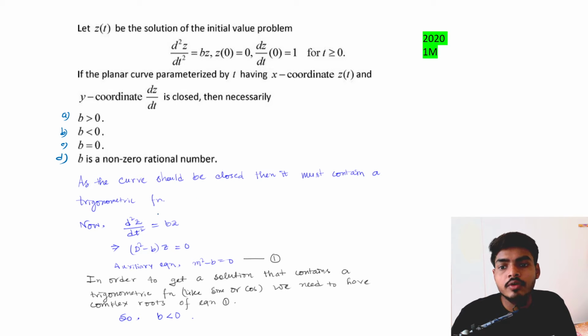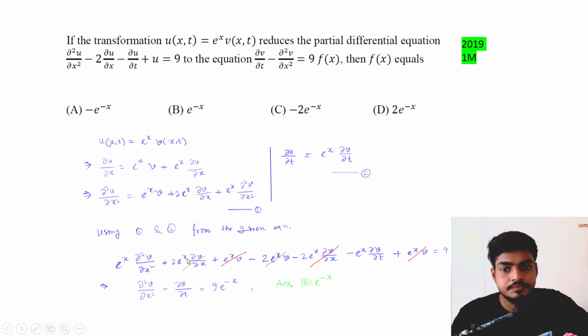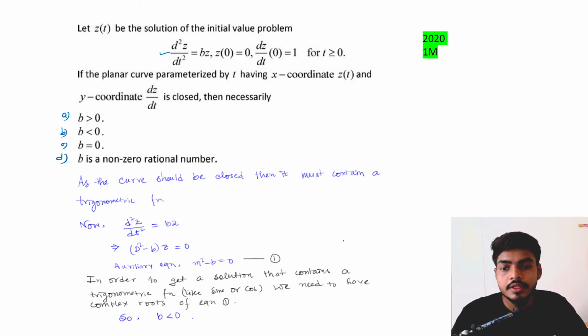Your given equation is d2z/dt2 = bz. Now put D = d/dt. Then d2z/dt2 becomes D squared z, so D squared z minus bz equals 0. Take z common: (D squared minus b) z = 0.